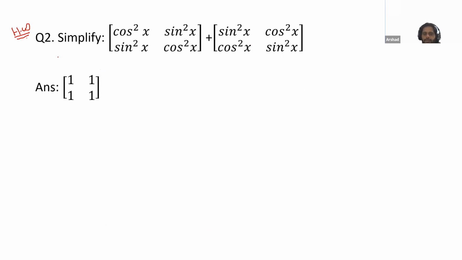You need to complete this on the homework. Based on the direct formula, sine square theta plus cos square theta is equal to 1.